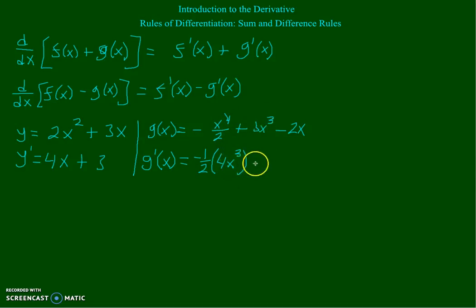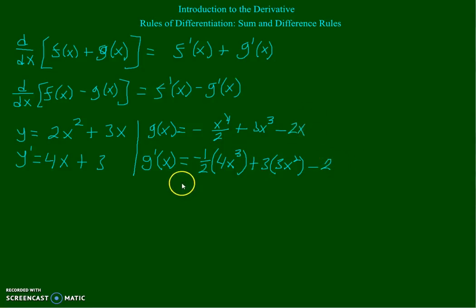Then the next one, plus 3 times, pull down the exponent, 3x, subtract 1 from the 3 squared, minus, do the same thing, pull down the 1, 2 times 1 is just 2, and when we subtract 1 from this exponent, it's x to the 0, x to the 0 is 1, so there's no x down here.